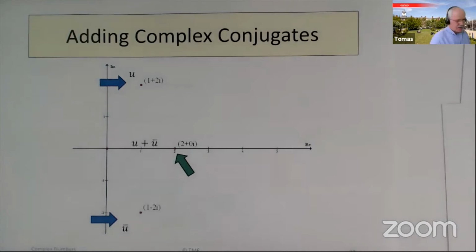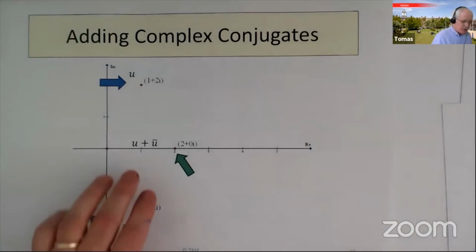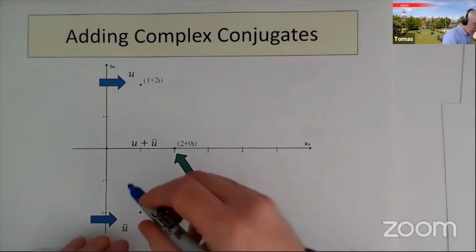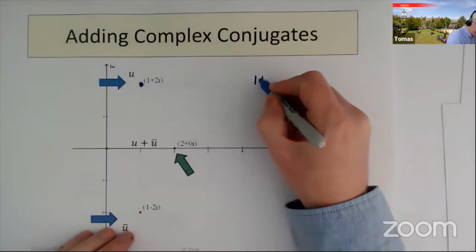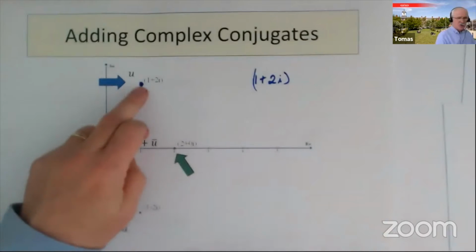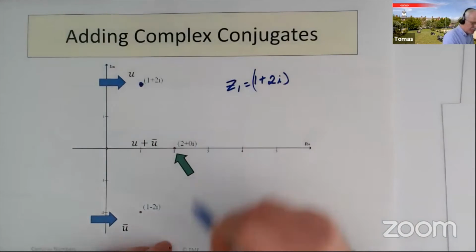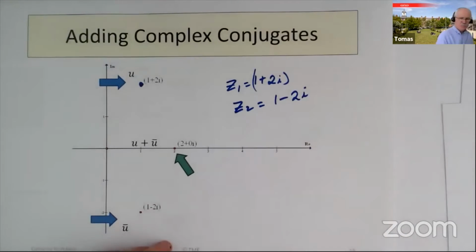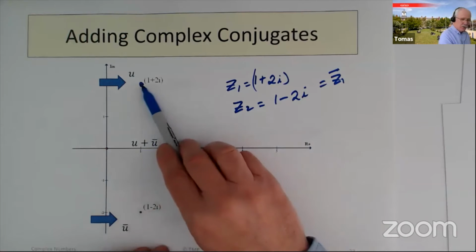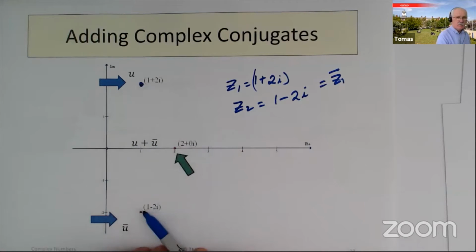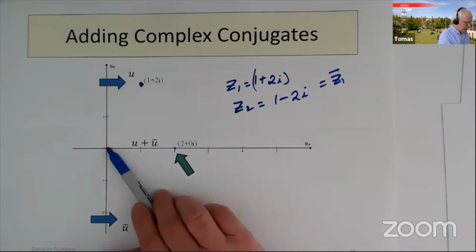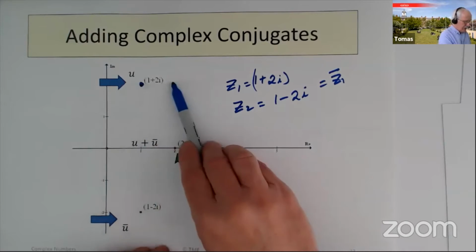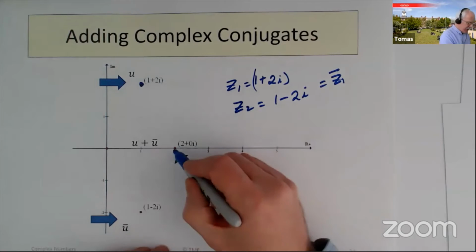So let's look now at adding complex numbers and complex conjugates together. Here we've got a complex number 1 plus 2i. Let's call that Z1. Its twin is 1 minus 2i, or Z1 bar. So this is 1 out, 2 up. This is 1 out, 2 down. And if you add the two together, going 1 out, 2 up, 1 out, 2 down, you'd find yourself back here.